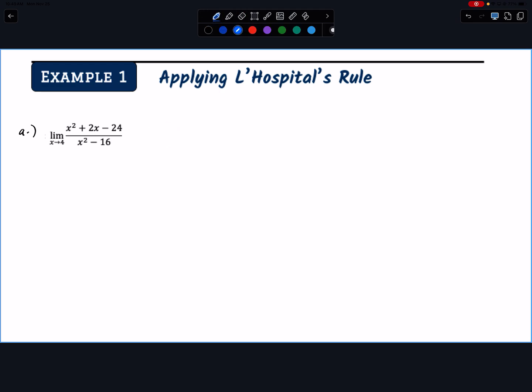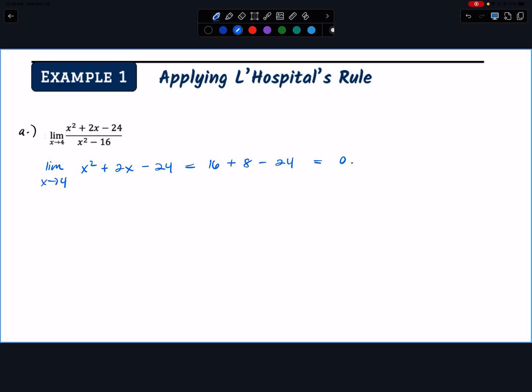To show your work, you're going to say the limit as x approaches 4 of the numerator, so x squared plus 2x minus 24 is equal to, if I plug in 4, guys, what's 4 squared? 16 plus 2 times 4 minus 24. 16 plus 8 is 24. 24 minus 24 is 0.